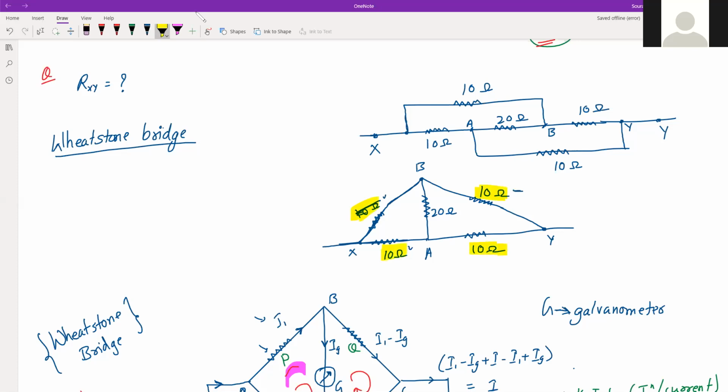So 10 by 10 equals 10 by 10. This is a balanced Wheatstone bridge situation. So there is no current going through the 20 ohm resistance BA. That means B and A are at the same potential. There is no division of current, so whatever current goes from X to B, the same current will go from B to Y.